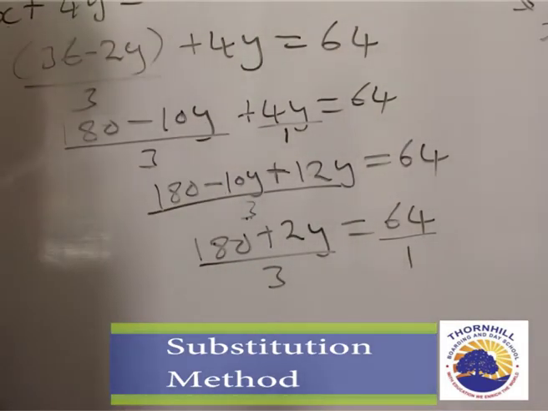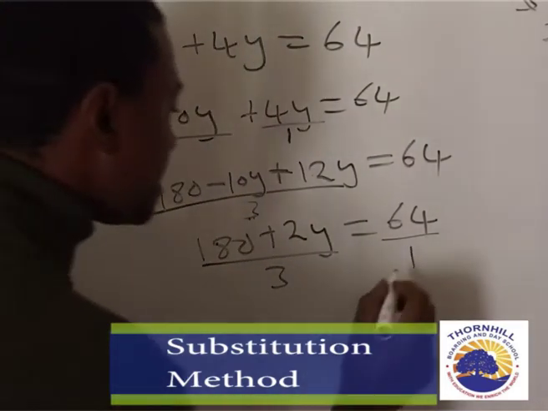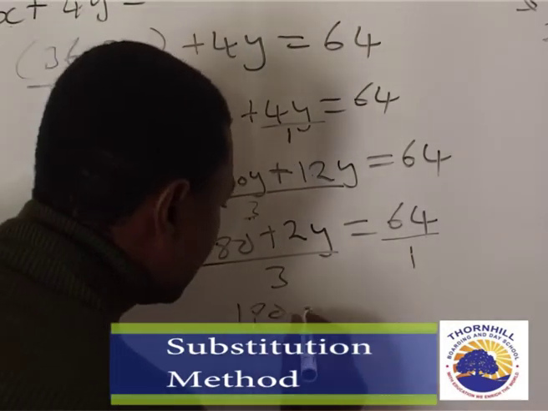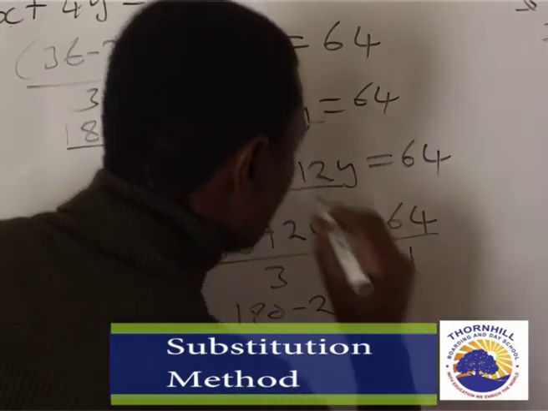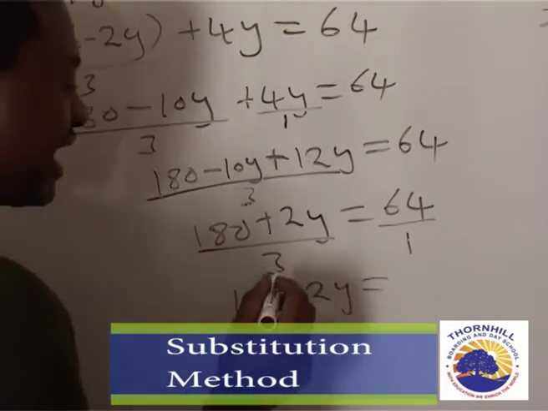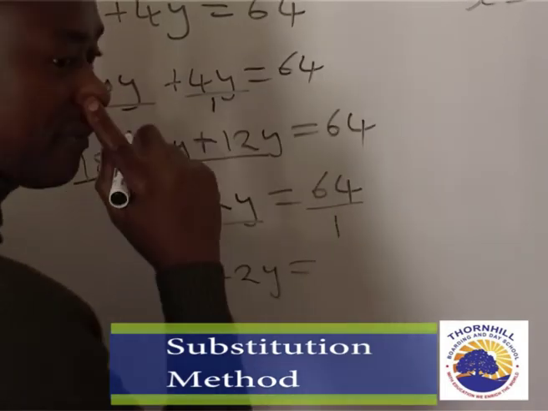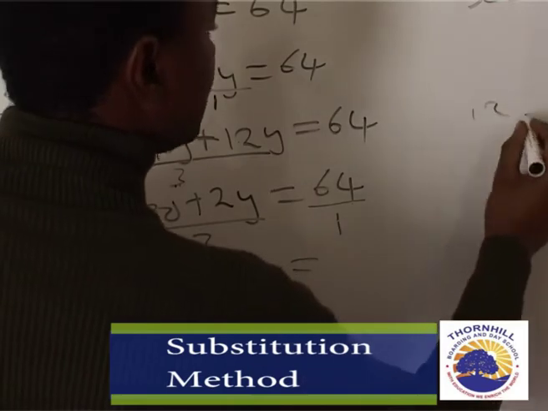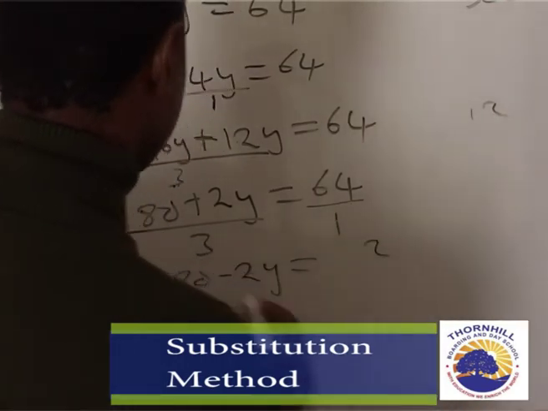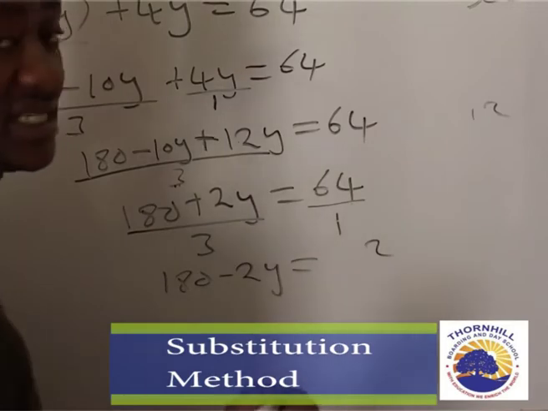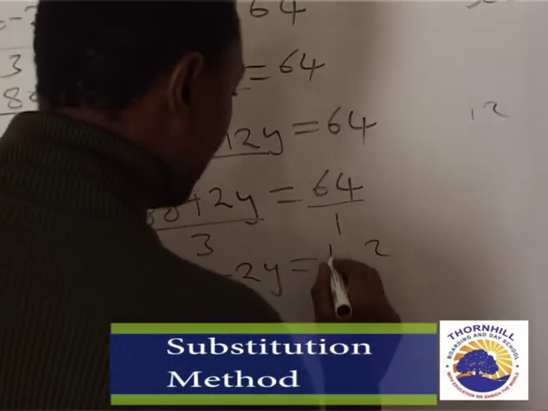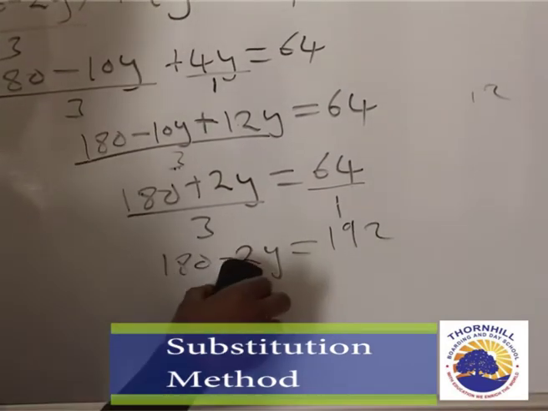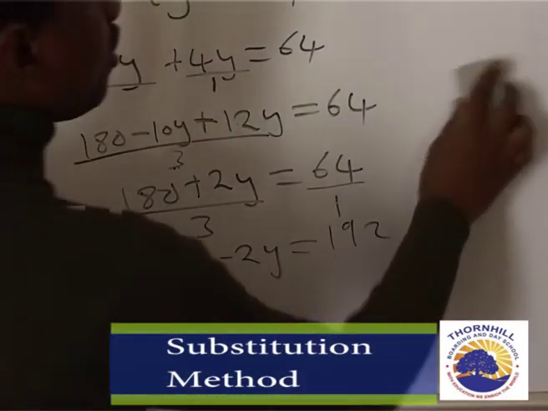Having done that, we're going to cross multiply. 1 multiplied by 180 gives us 180 minus 2y is equal to 3 times 64. 3 times 4 is 12, which is 2, carry 1. 3 times 6 is 18 plus 1, 19. It will give us 192. Therefore, 180 minus 2y is equal to 192.